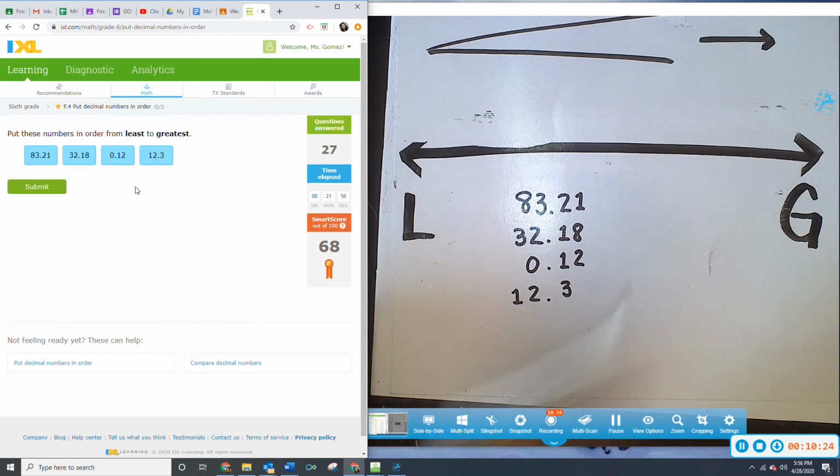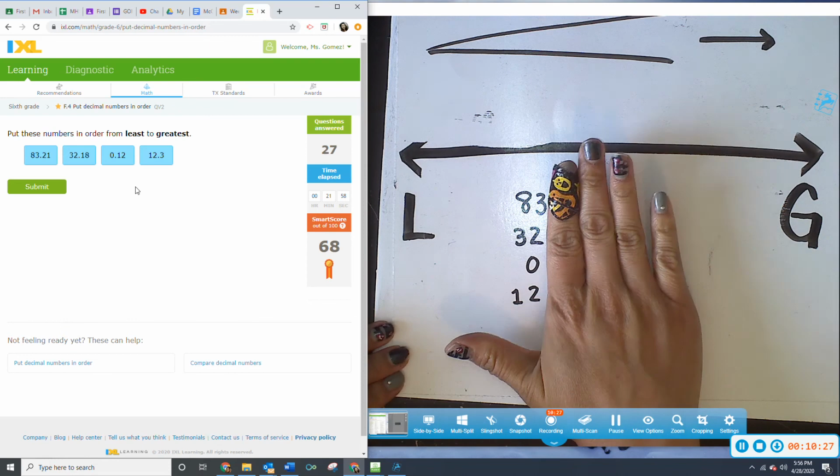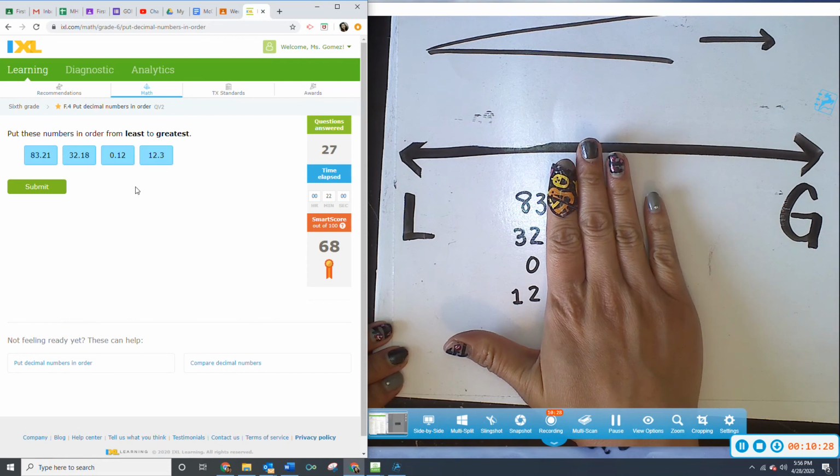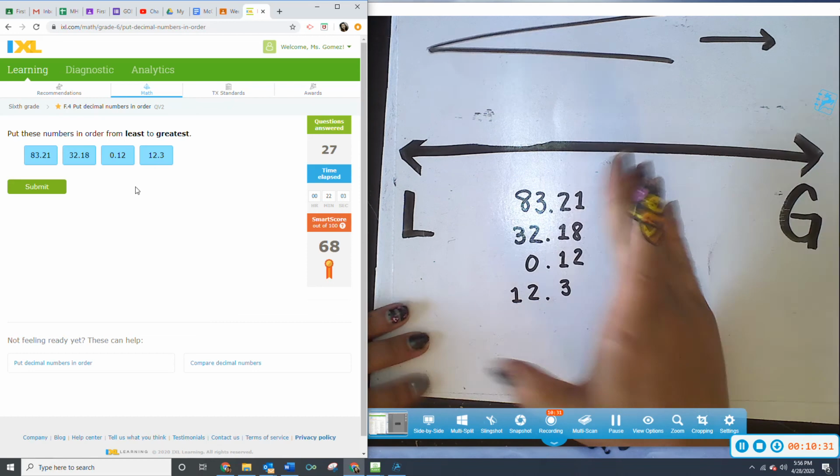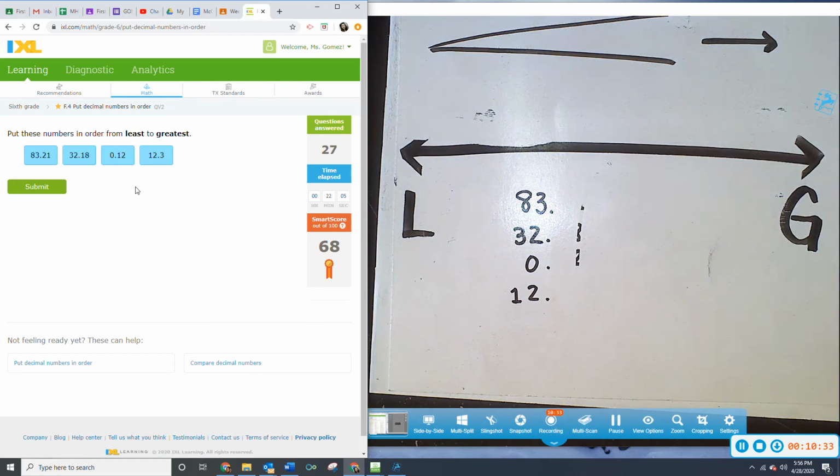Because if you take a look at the whole number part here, it's really easy to put this in order. And a lot of them, especially in the beginning, are that easy. So 0 is the least, followed by 12, 32, and then 83.